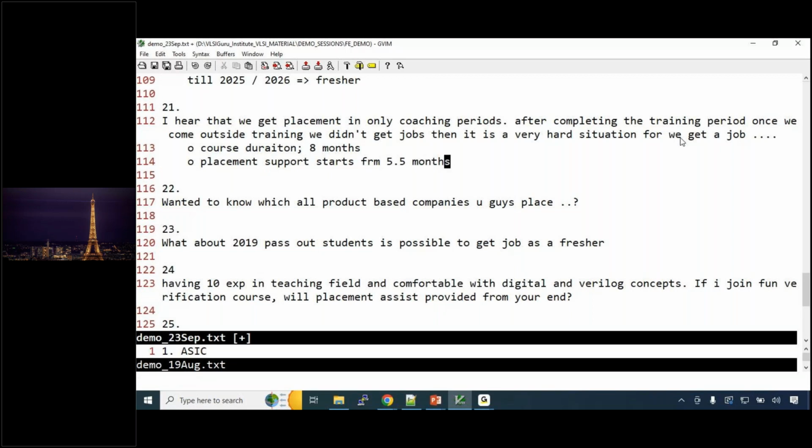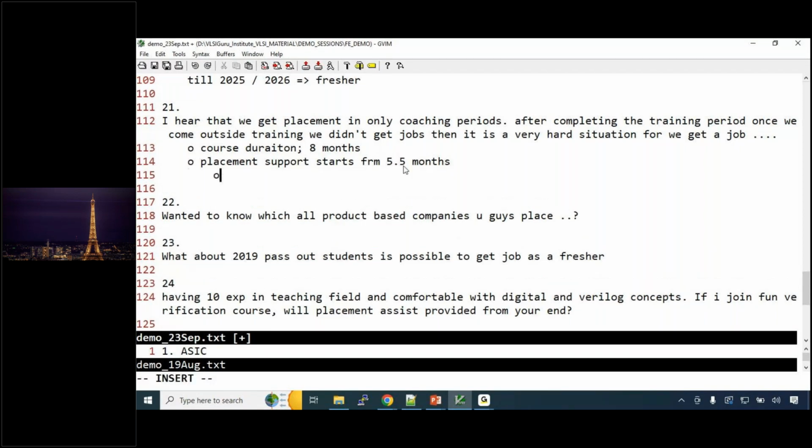You don't need to wait for 8 months. What is this specific 5.5? This is the time required to complete digital design plus Verilog plus SV plus UVM. All these subjects get over in 5.5 months if you do it properly.